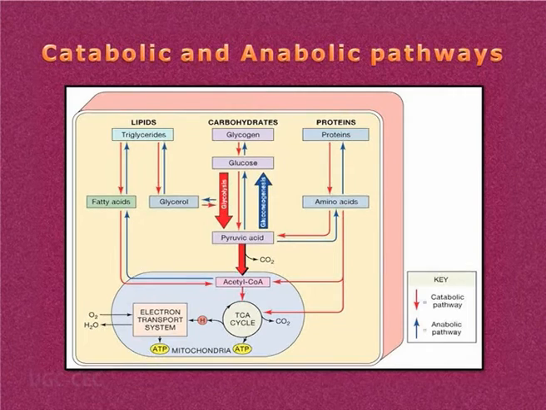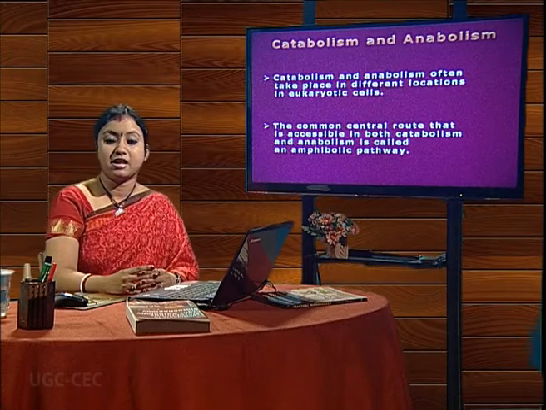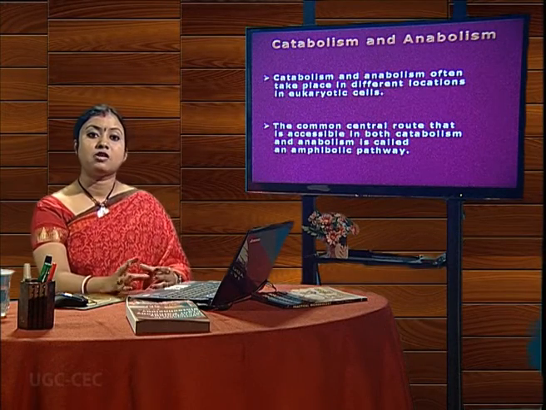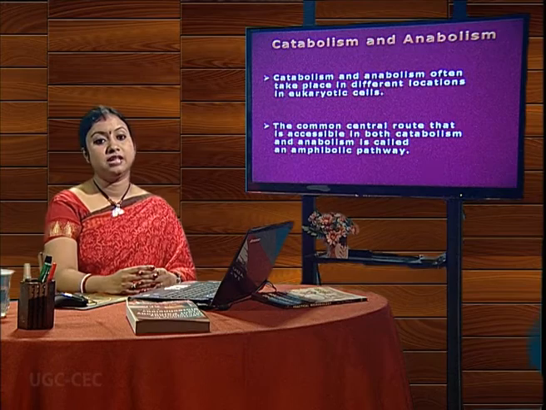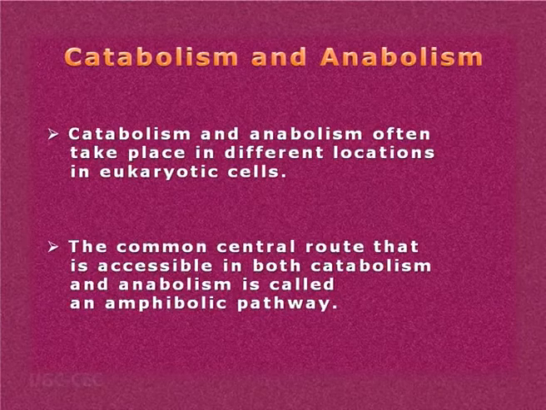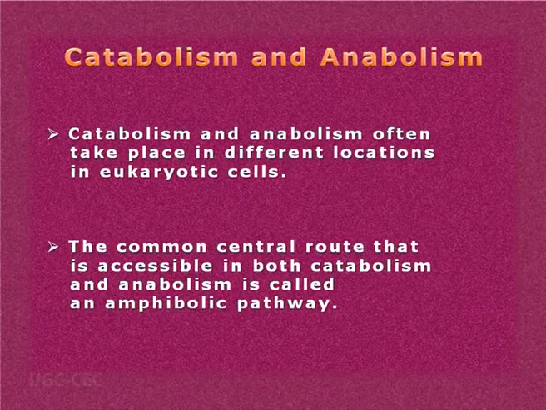Now here in this diagram we can see how the catabolic and anabolic pathway takes place in reverse order and how these are interconnected. Catabolism and anabolism, as I have said before, are compartmentalized, so they are distinct and separate and are simultaneously and independently regulated.